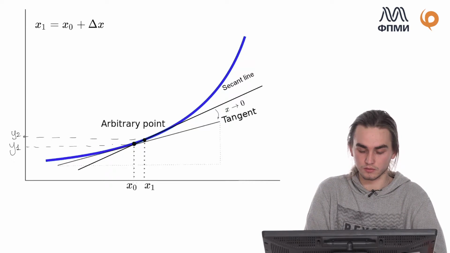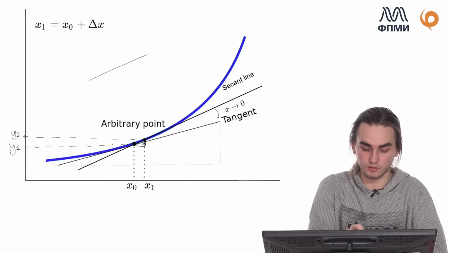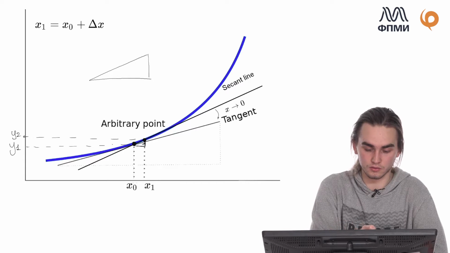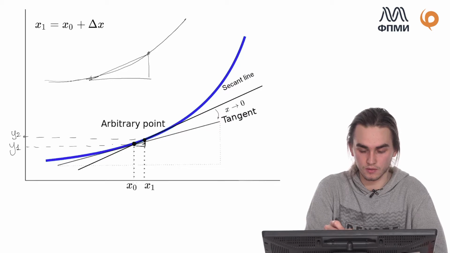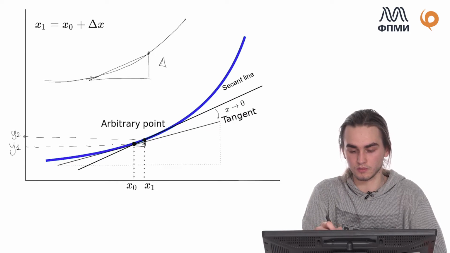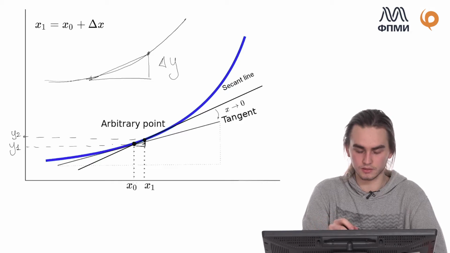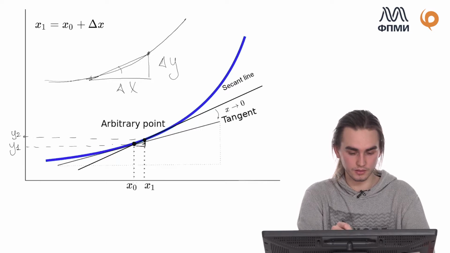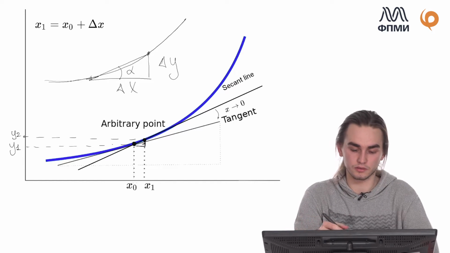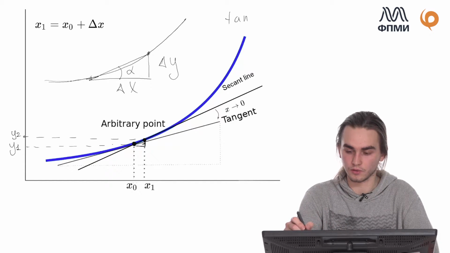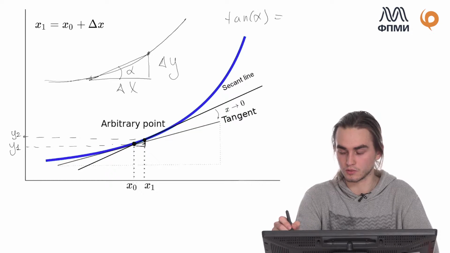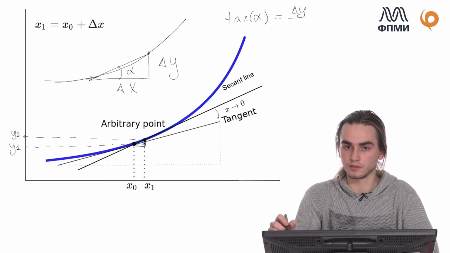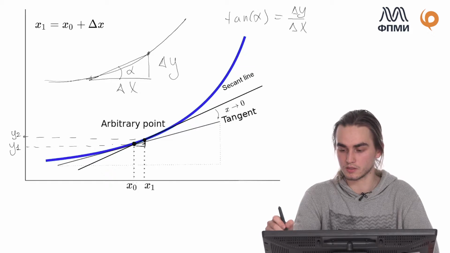Basically here it's very small, but you can trust me, there's a triangle there that looks something like this. And here is delta y and delta x, and here's our alpha, and our function tangent alpha is equal to the ratio of delta y to delta x.